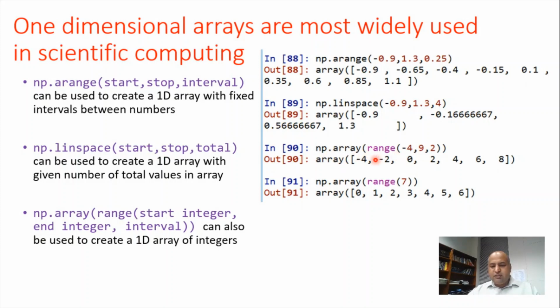So it recasts the list created by the range function into an array. For example, this also creates an array of integers from 0 to 6, because we didn't specify any starting point, and if we don't, it's 0, and the interval by default is 1. So this is how we can create 1D arrays in Python.